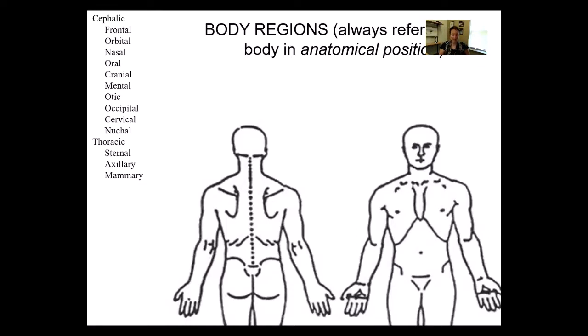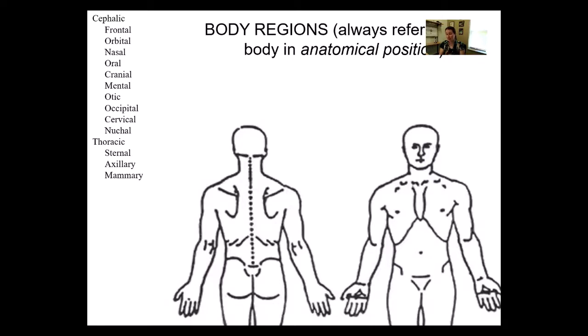And so, the body regions. Just as I said before, learning anatomy is a new language. We use particular terms to talk about different spaces on the body, and we do this to be efficient. So we're not just saying the arm, the upper arm, but we can be a lot more specific than that.